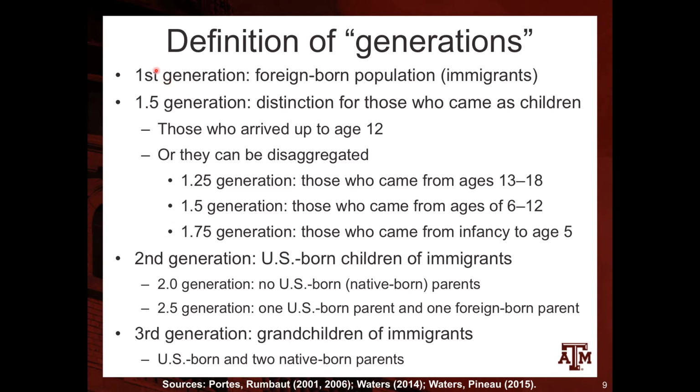So in that case, we have first generation Nigerian Americans, first generation Nigerians, those who were born in Nigeria and live in the US. And then we group the 1.5th and the second generations by getting those children that were born in the US but their parents are from Nigeria, or those children that were born in Nigeria but they moved here when they were children, up to the age of 12.